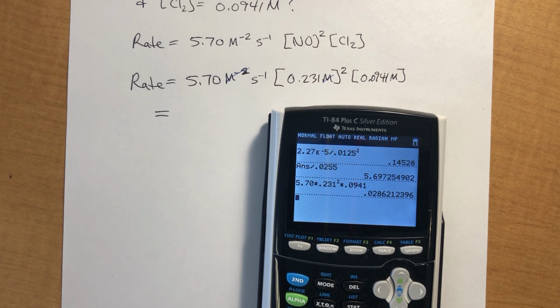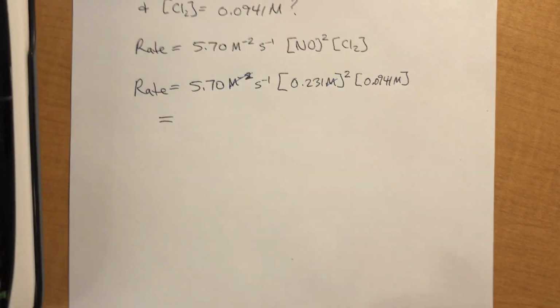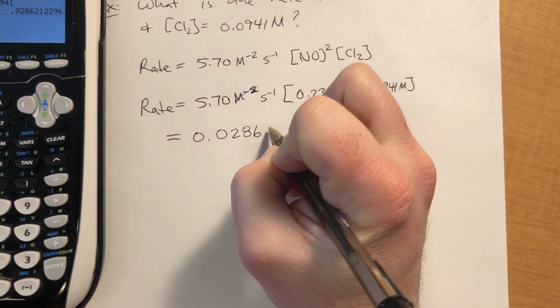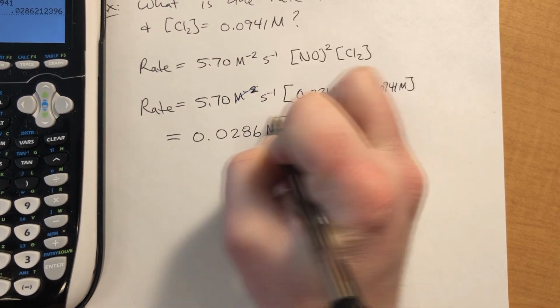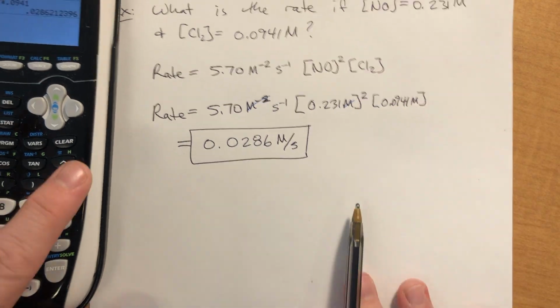Okay, we get a value of 0.0286 molar per second. This is how fast the reaction would go at these concentrations.